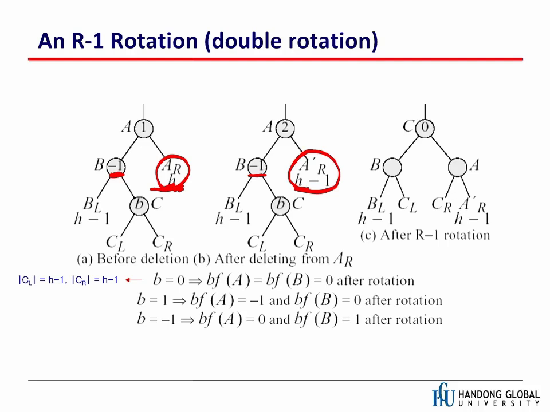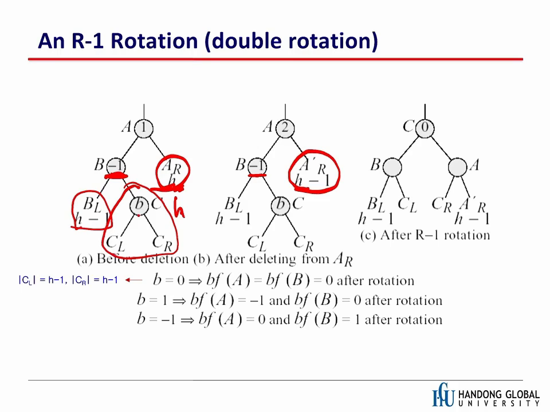But sometimes when we delete one node from a subtree, we decrease the height. So this is the case. And BF of B was minus 1 here. Minus 1 means the height of this subtree is H, and this one is H minus 1. H means we have one node here, so we actually have 3 different cases.